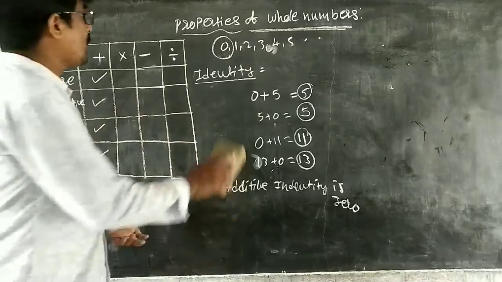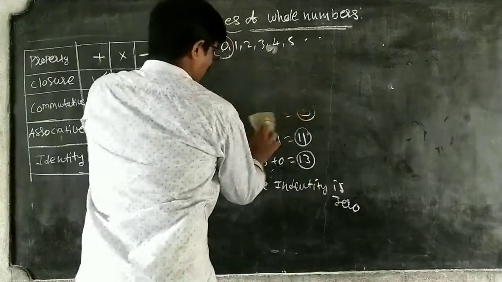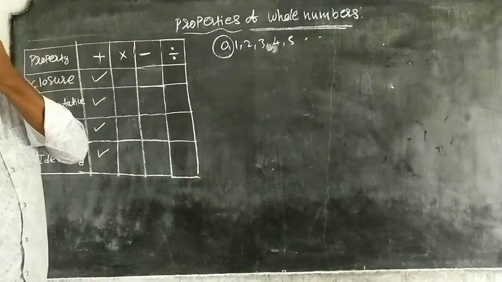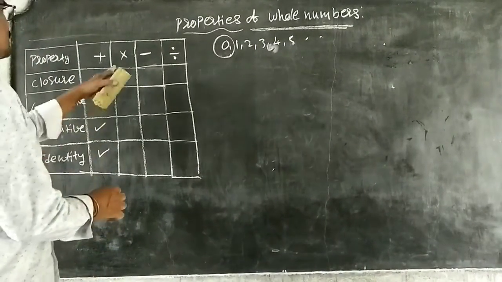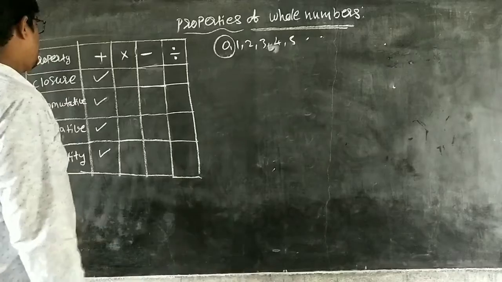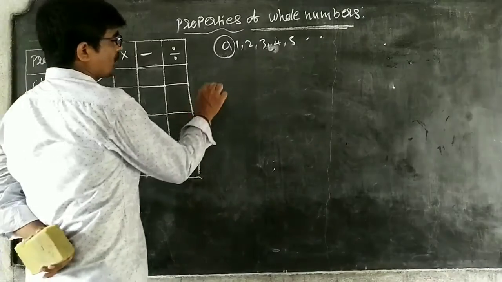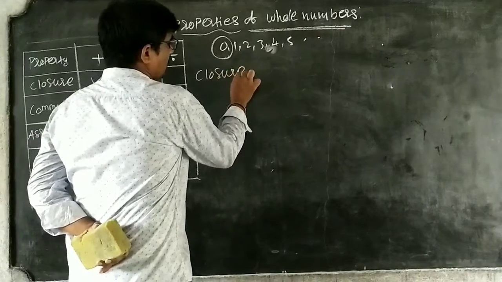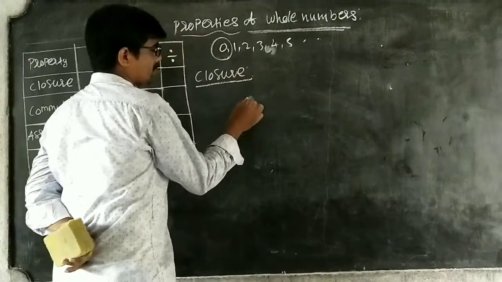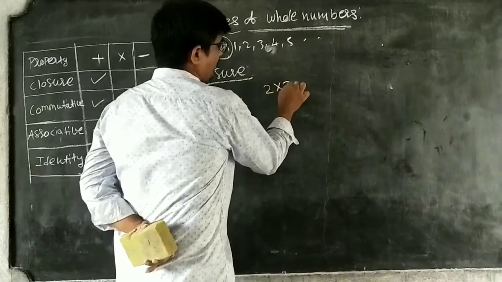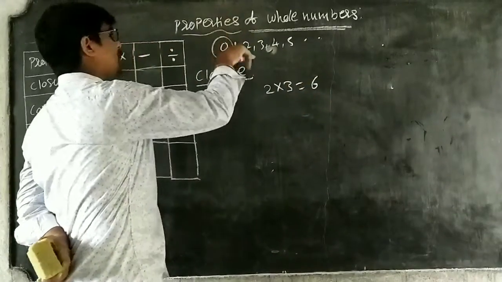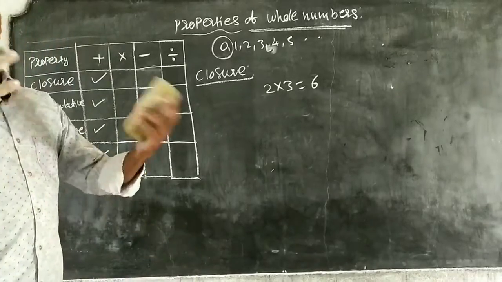Next I am going for multiplication. For example, I take the closure property. What is closure? You take any two whole numbers, for example 3 and 6, and multiply them.